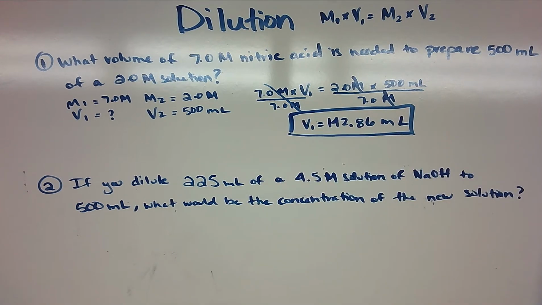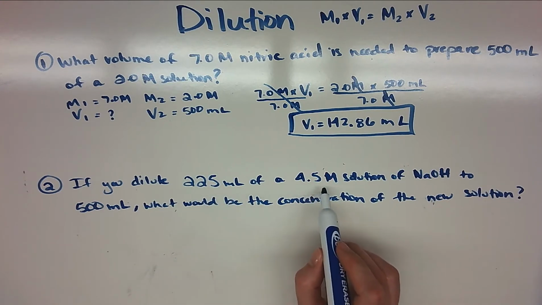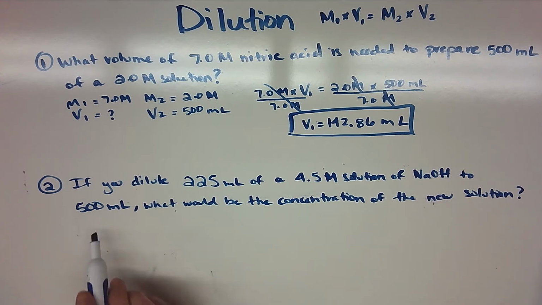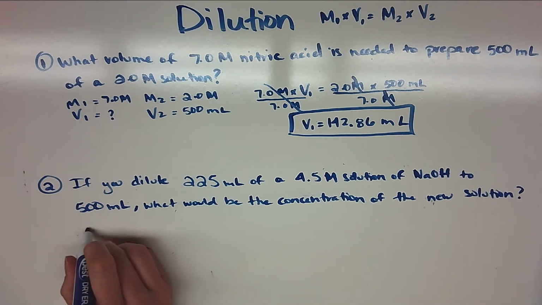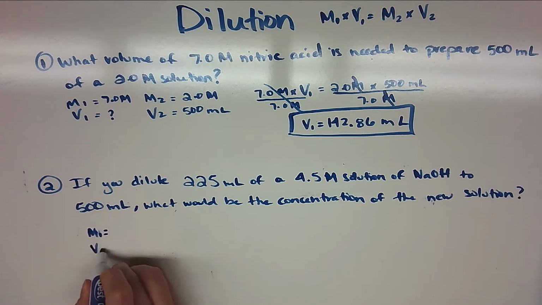Alright, let's go on to number 2. If you dilute 225 milliliters of a 4.5 molar solution of sodium hydroxide to 500 milliliters, what would be the concentration of the new solution? I'm going to figure out what values I have and what I do not have yet.